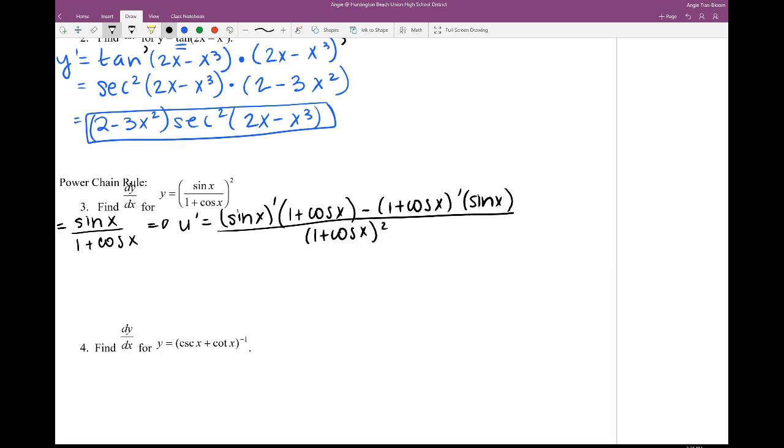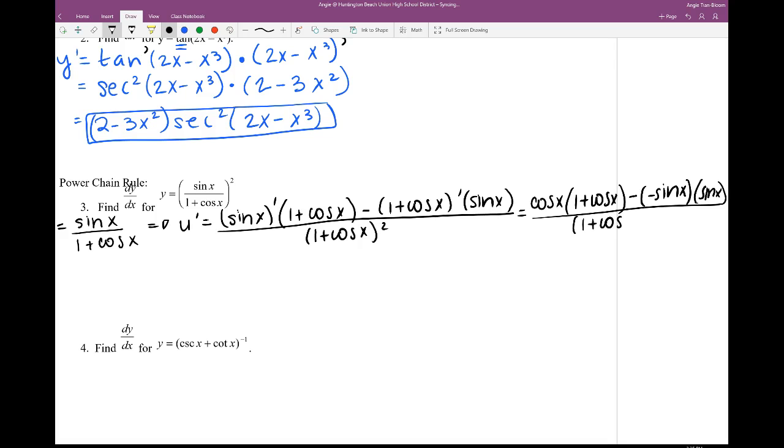Then from here, we need to simplify. The derivative of sine is cosine of x, and bring down the 1 plus cosine of x, minus the derivative of the denominator: the derivative of 1 is 0, the derivative of cosine of x is negative sine of x, times the back, which is sine of x, all over 1 plus cosine of x, and then squared outside, okay?